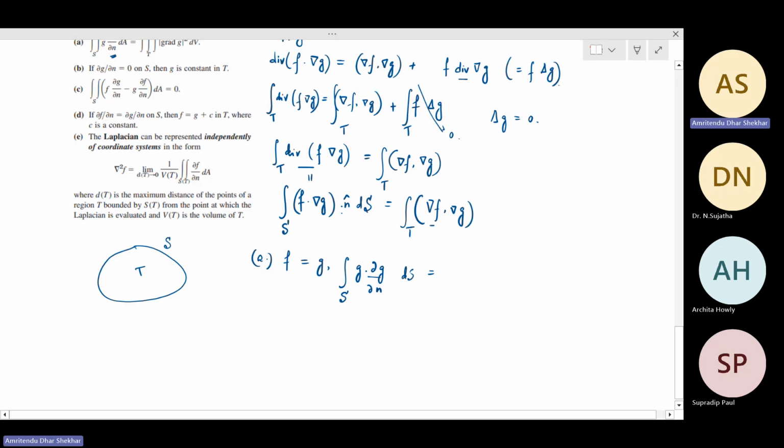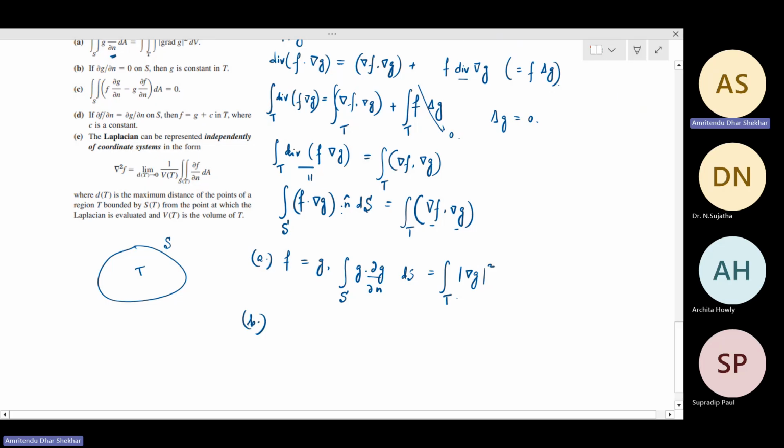And over here, grad of f and grad of g are the same. So you get the norm of grad of g squared over T. Okay. So this is your first identity.